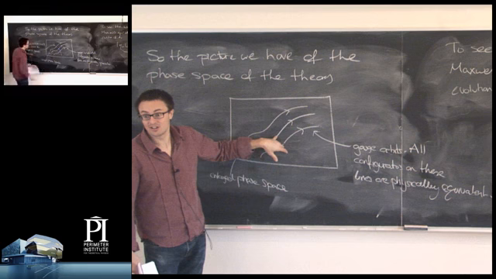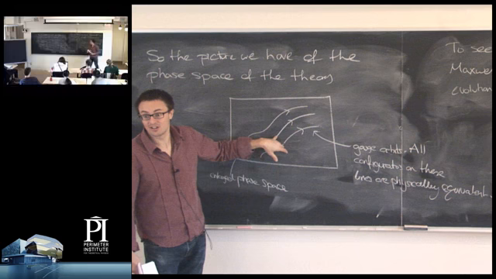And that's what this dotted line represents. It's picking a representative sample from each of these gauge orbits. Different choices are often referred to as different gauges.